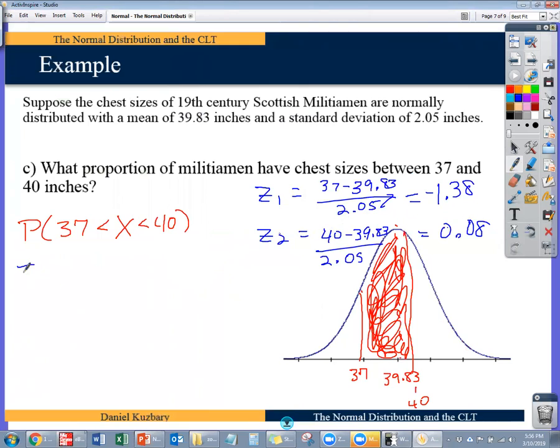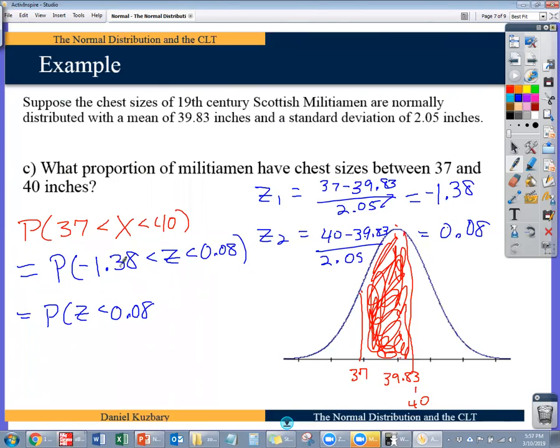So what this means is my probability that x is between 37 and 40 is the same as the probability that z is between negative 1.38 and 0.08. So this has now become a standard normal problem, like in the standard normal video, where I've got z between two values. The way we did it last time was we took the area to the left of the bigger value, which is z is less than 0.08.